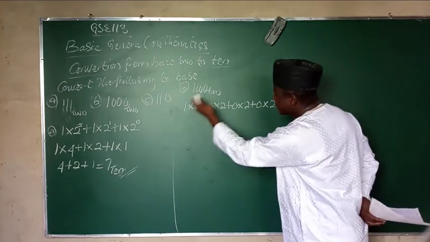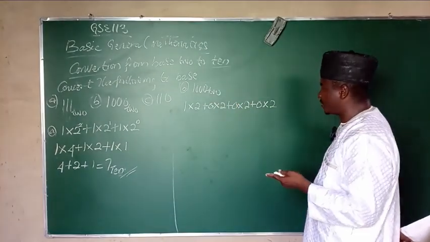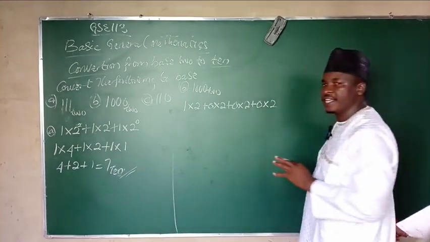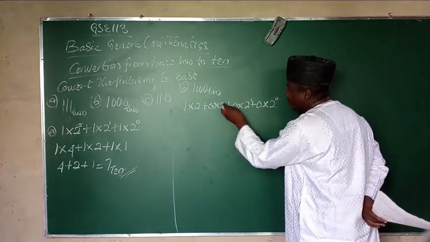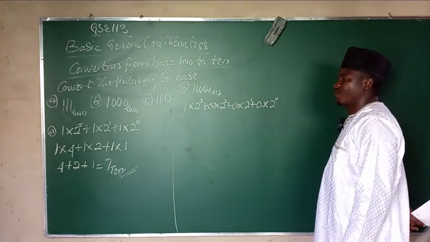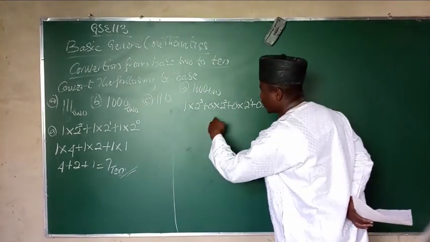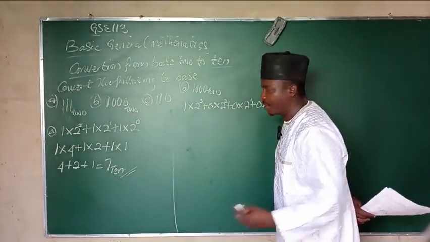We multiply each term by the given base. Now what next? We have to power the base, starting from 0 in its descending order. Therefore, we start 0, 1, 2, 3. What next? The next is taking care of those digits with the powers.